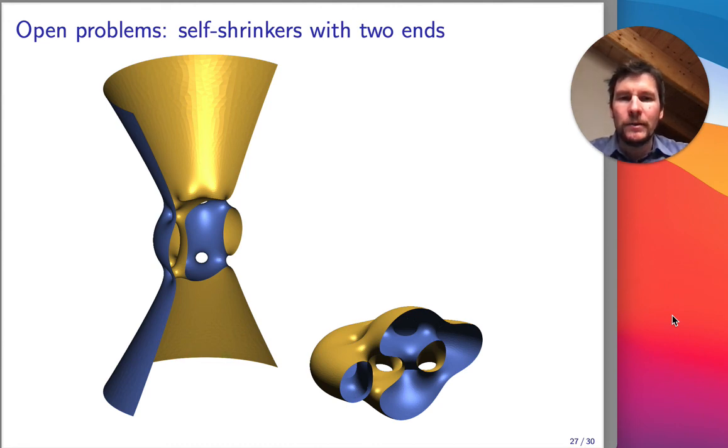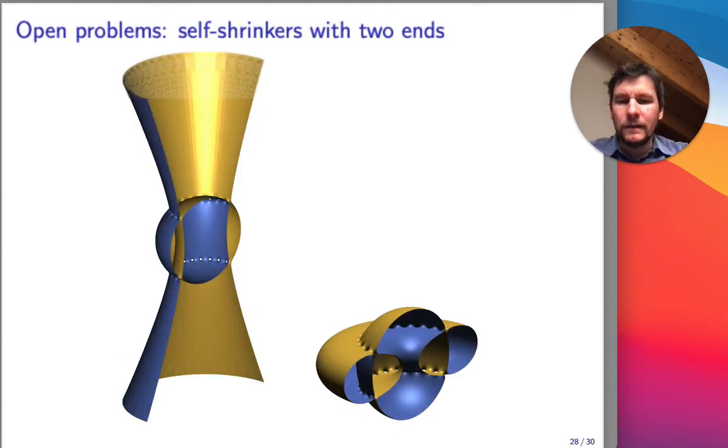So the problem is that with a min-max construction, if you for example try to construct this by a two-parameter min-max, there's no way that we can prevent this Angenent torus from just opening up and creating this conical end, and at the same time there's no way that these ends don't just collapse and you get actually this. This is the same picture but with higher genus.